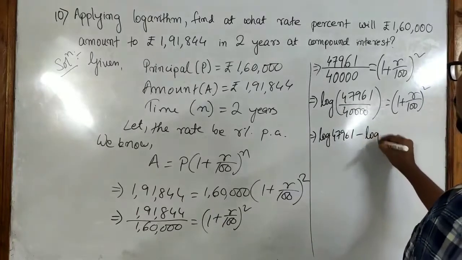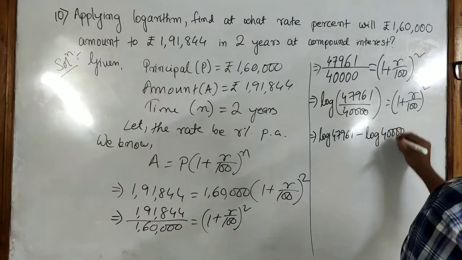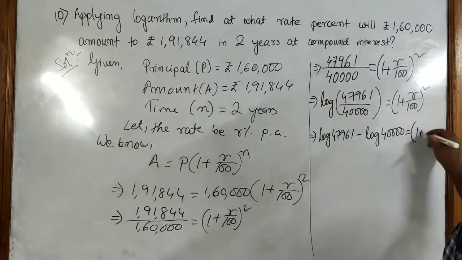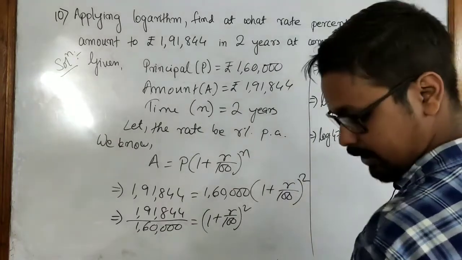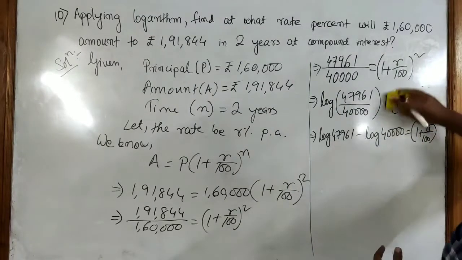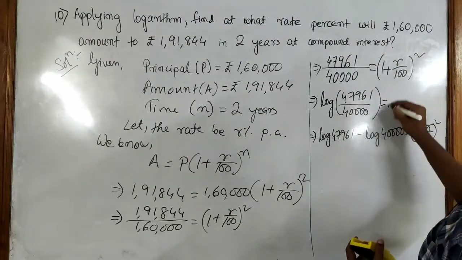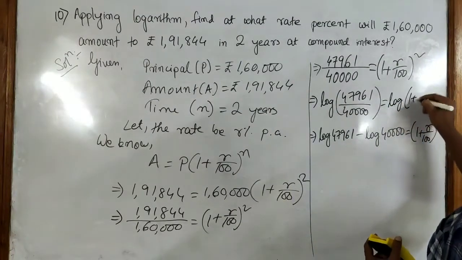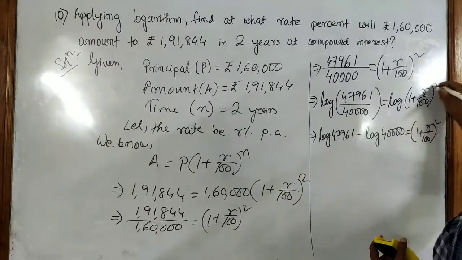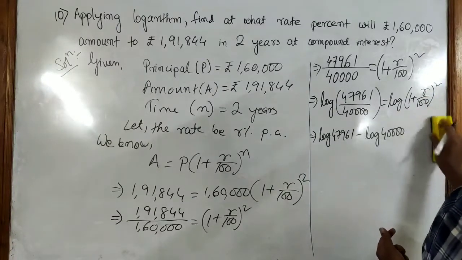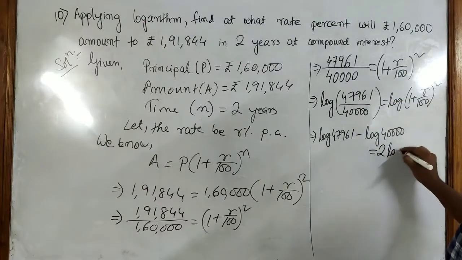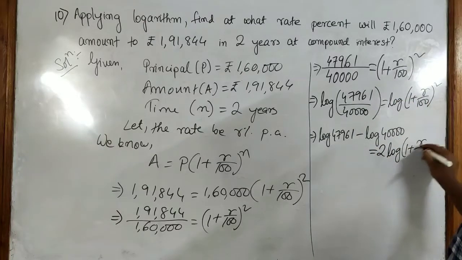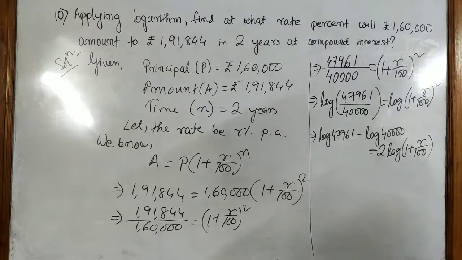I made a mistake here, I should have taken log on both sides. So it is going to be log 47,961 minus log 40,000 is equal to log of (1 plus R by 100) to the power 2, and here 2 is going to come in front, so it is 2 log (1 plus R by 100).